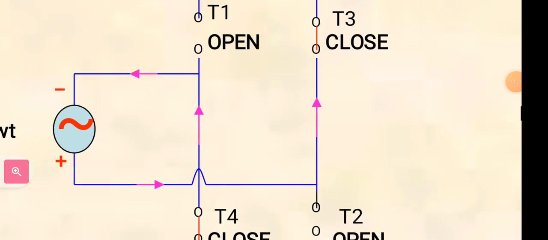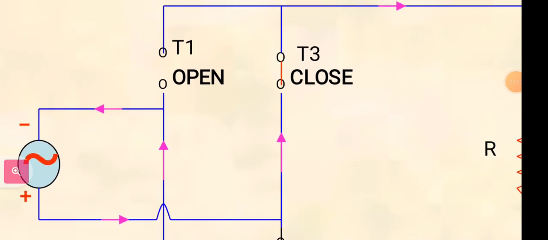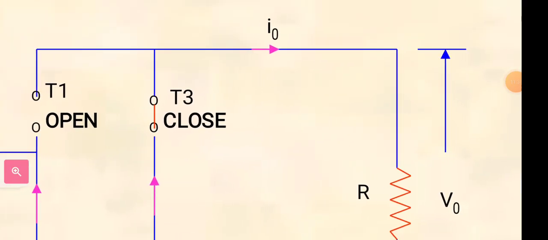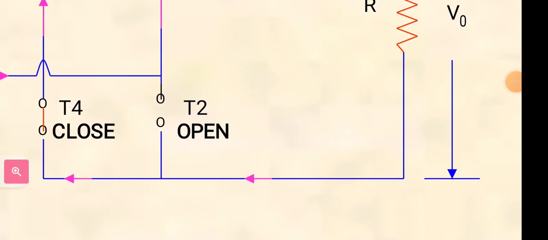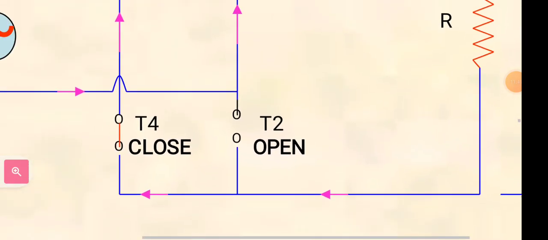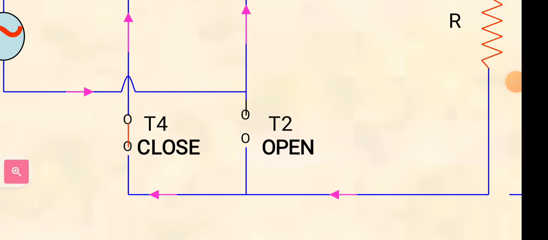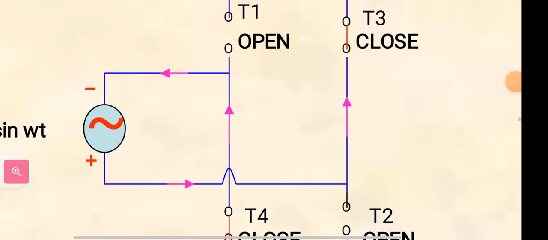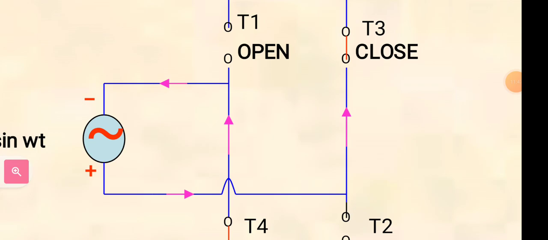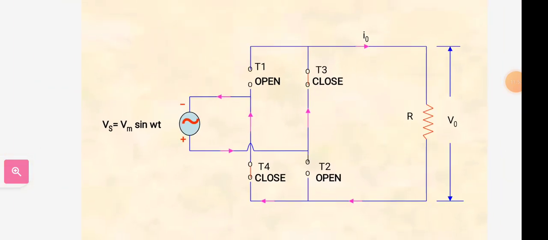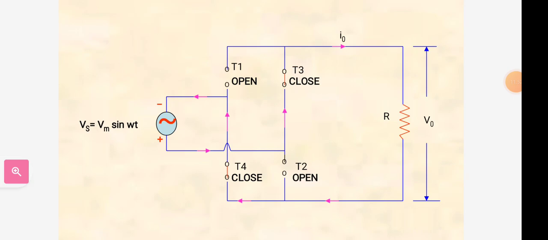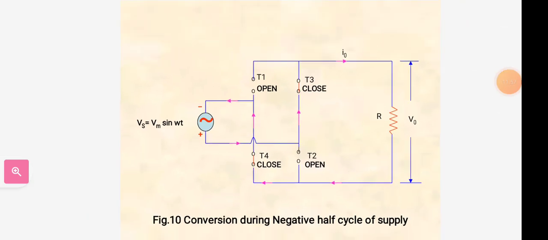The current flows from positive to T3, T3 to I0, I0 to load. Again the current will return through T4. Here T2 will be open and it goes to the negative terminal of the supply voltage. So like this the negative half cycle will be conducted.